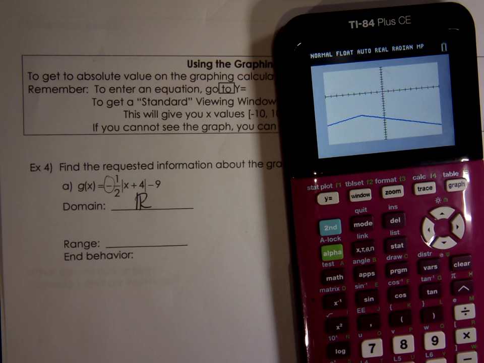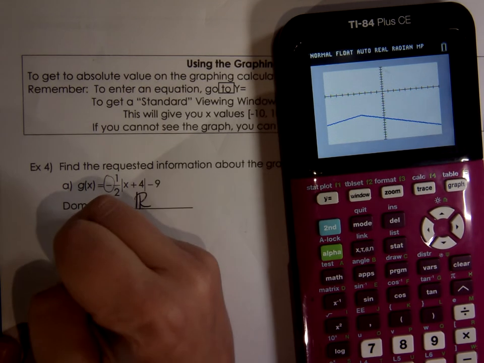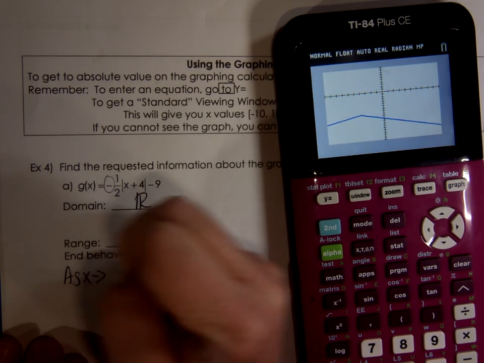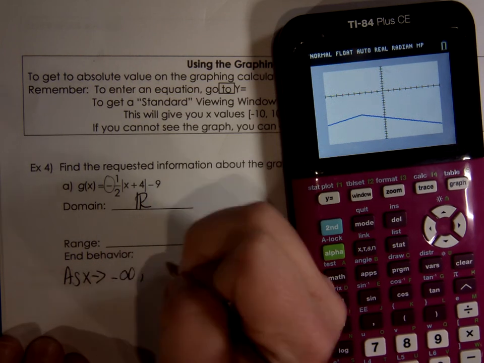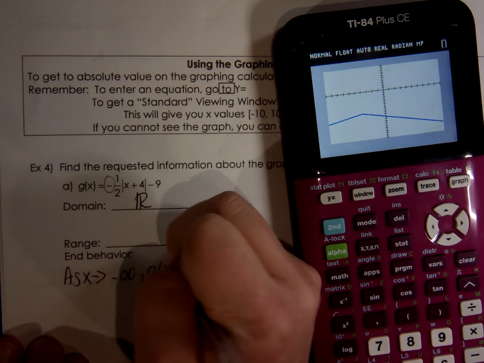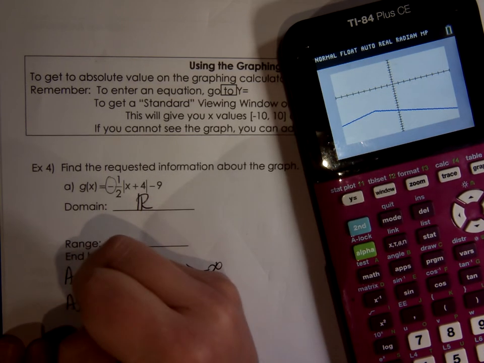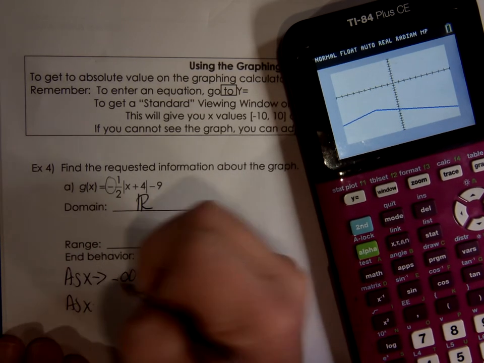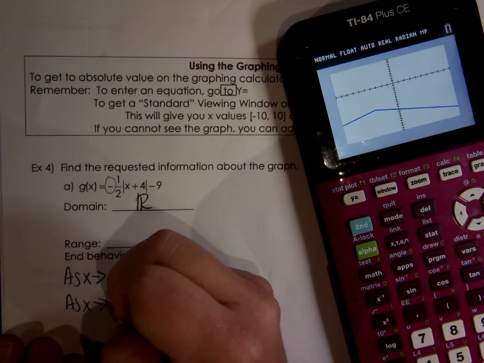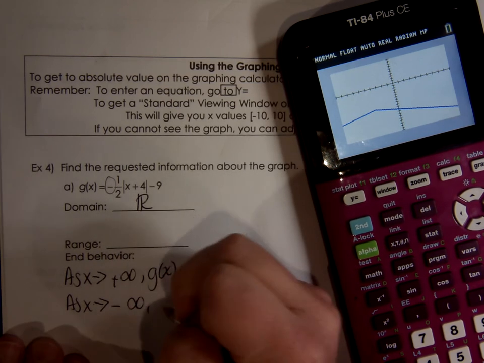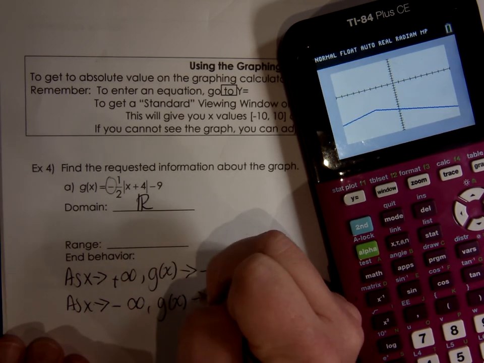So as x approaches positive infinity, g of x, which is what this is called, will be approaching -infinity, and as x approaches -infinity, g of x is going to approach -infinity.